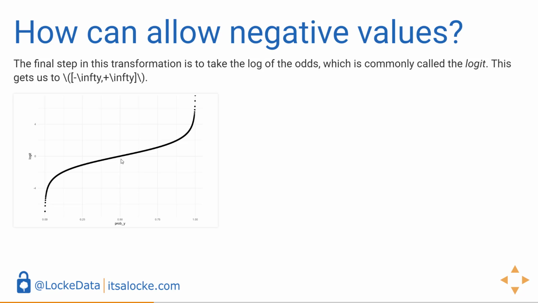So the probability is just a simple transformation away. And that allows us to use a continuous variable prediction of regression against a discrete outcome.